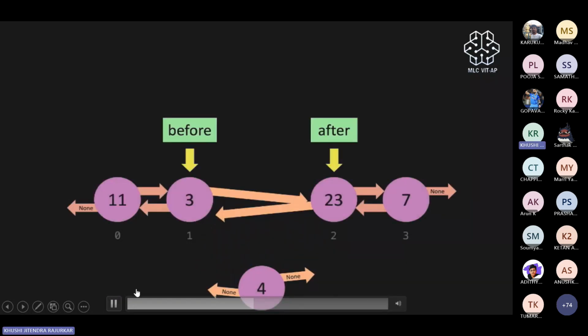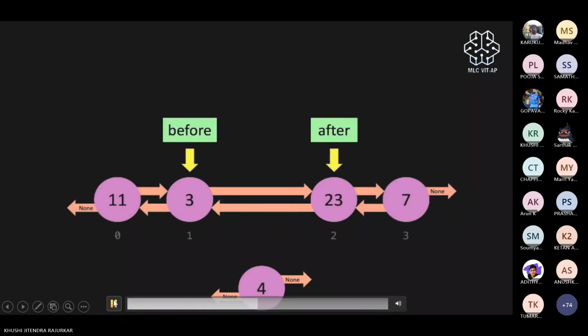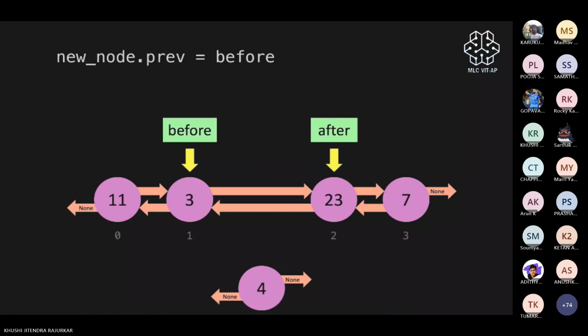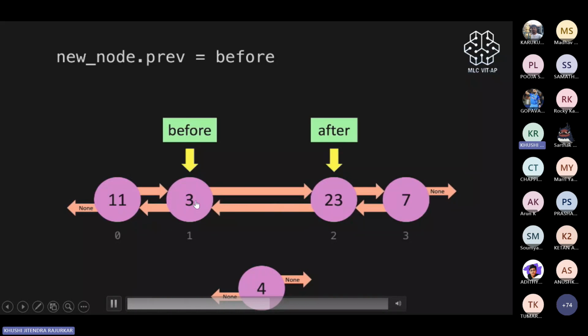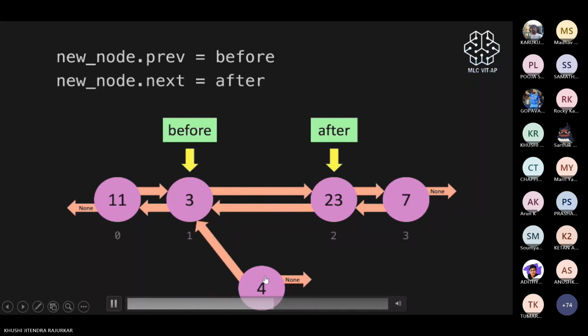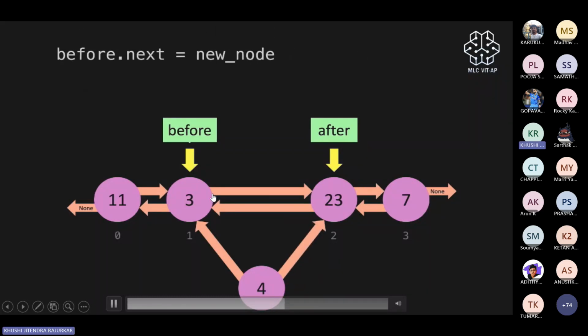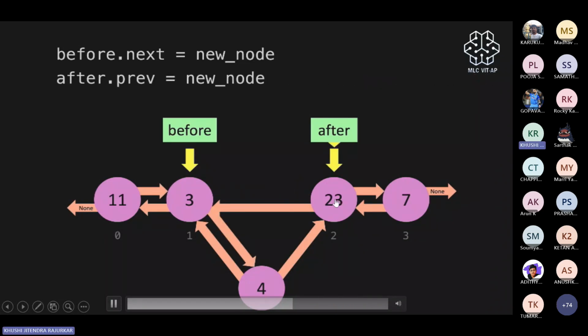Let's see how the code looks. As I said, new node.previous equals before, new node.next equals after, then before.next equals new node, and after.previous equals new node.